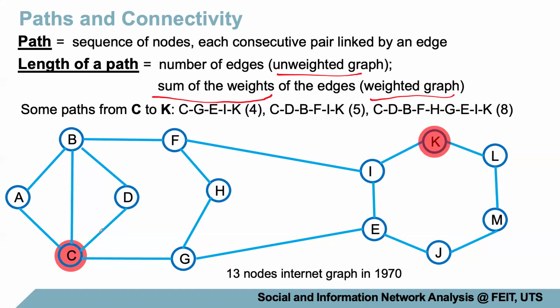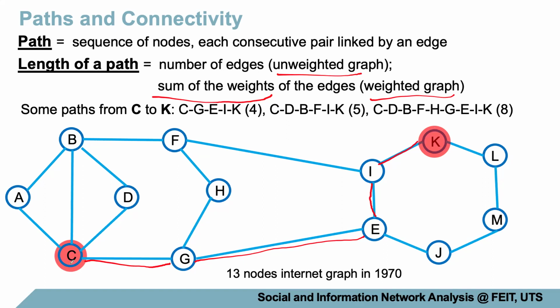For example, here, let's see some paths, say from C to K. There are multiple paths. One is from C to G, G to E, E to I, to K. In this path, there are one, two, three, four edges.